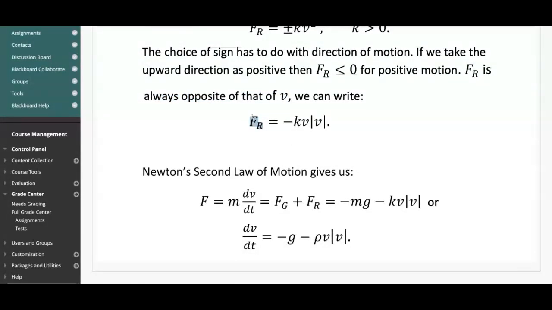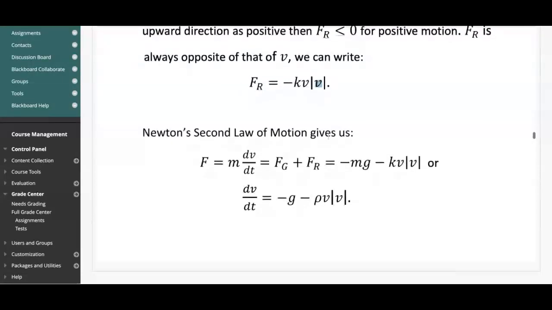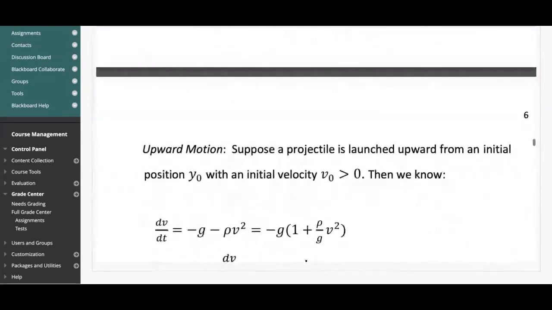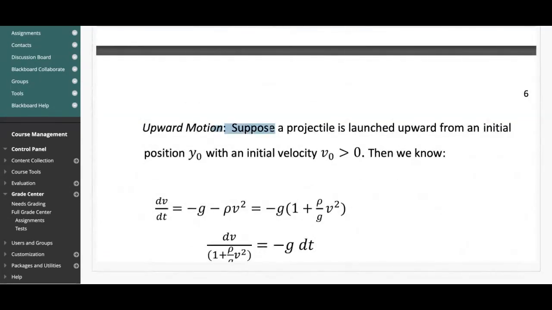So we can write the force of resistance as negative k v times the absolute value of v. So Newton's second law of motion gives us this, or this. So, upward motion.